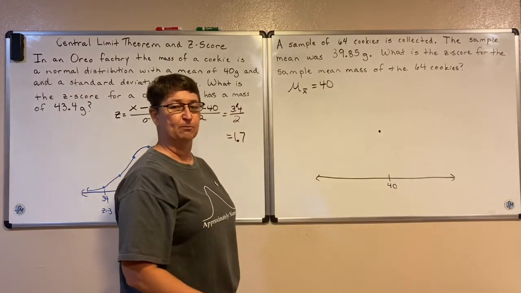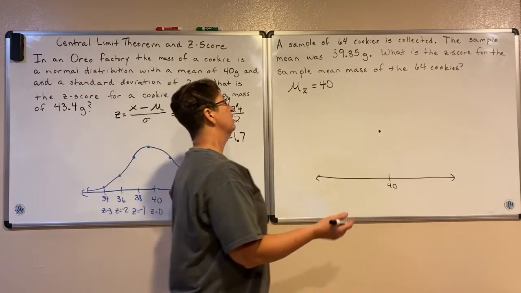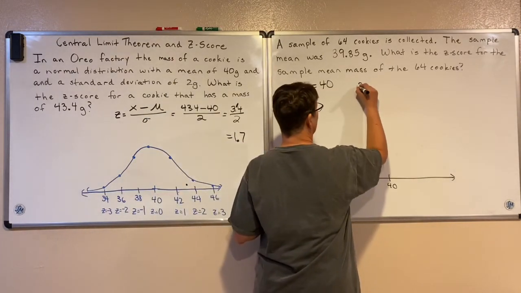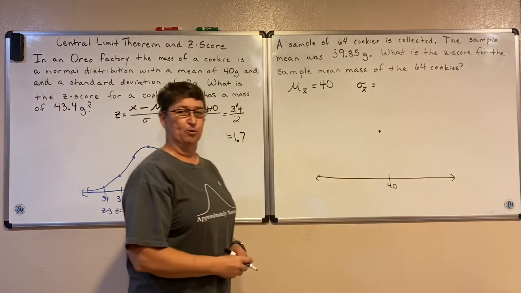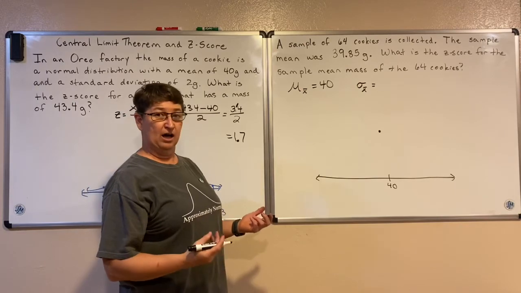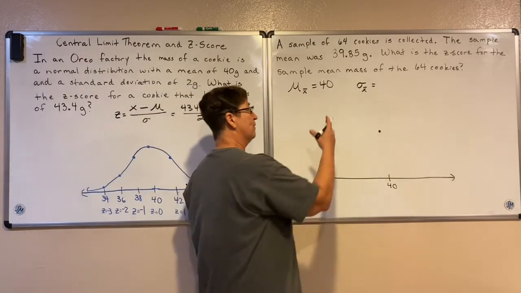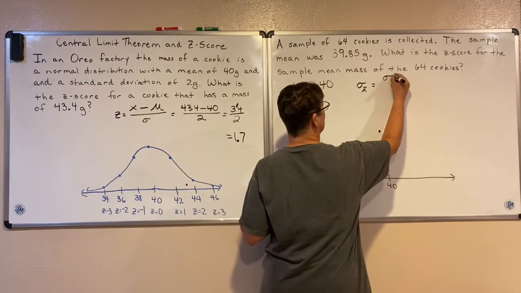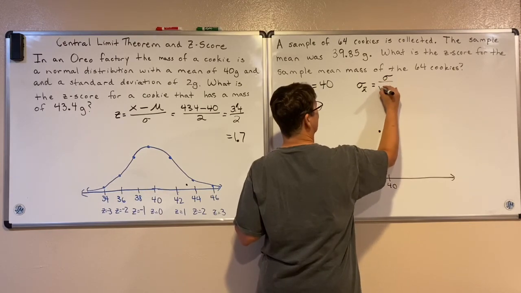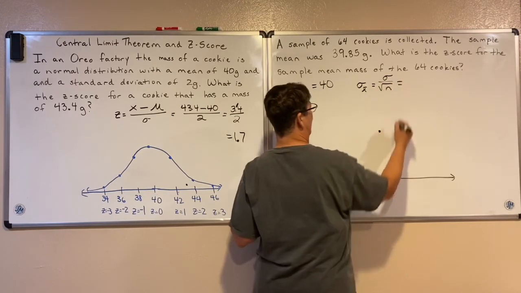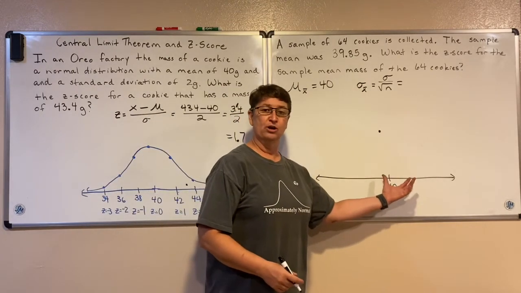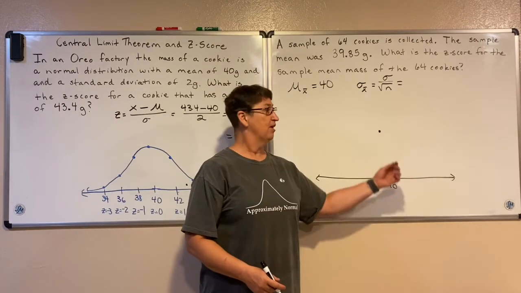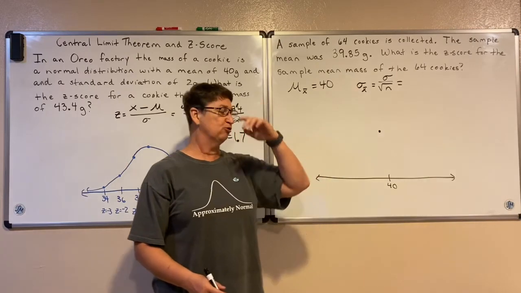My mean, median, and mode are right there in the middle. But my standard deviation for this sampling distribution of sample means is a little different. Remember that we take the population standard deviation and divide it by the square root of the sample size to find the standard deviation of our sampling distribution. That's what the central limit theorem tells us.